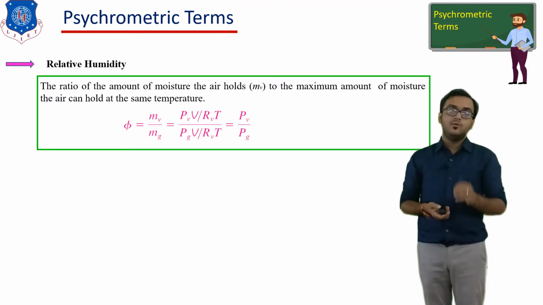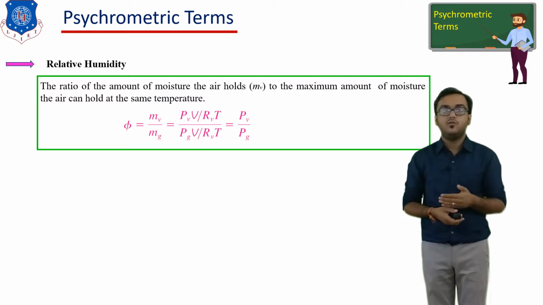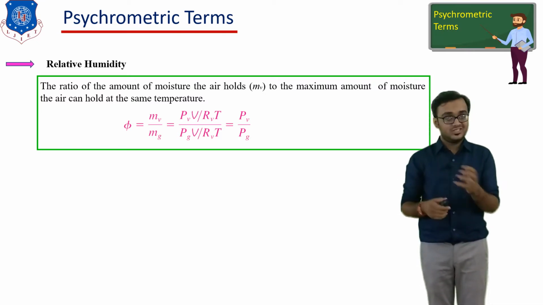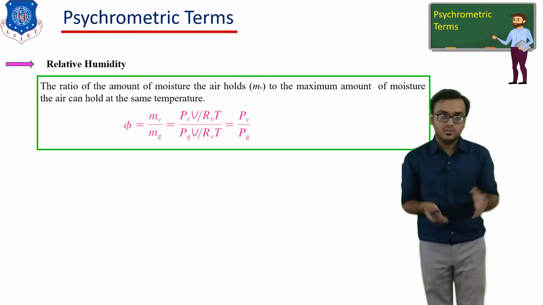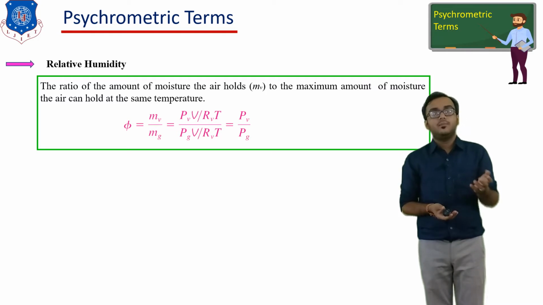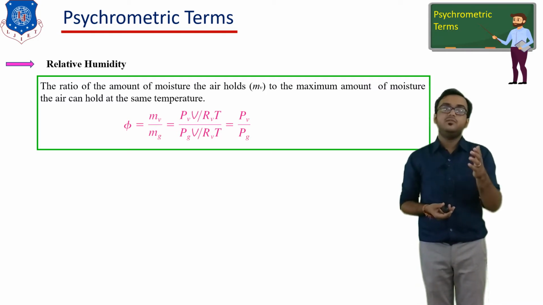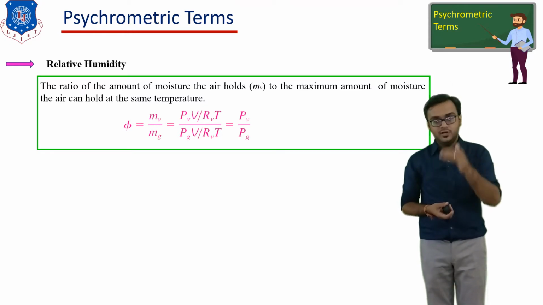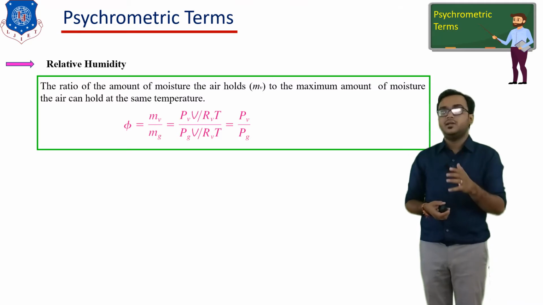So phi is equal to mv by mg, where mg stands for the maximum amount of moisture that air can handle at saturation temperature. And we know that for a gas we can write PV equals mRT. Based on this, mv is equal to PvV divided by RvT, while mg is equal to PgV divided by RvT.